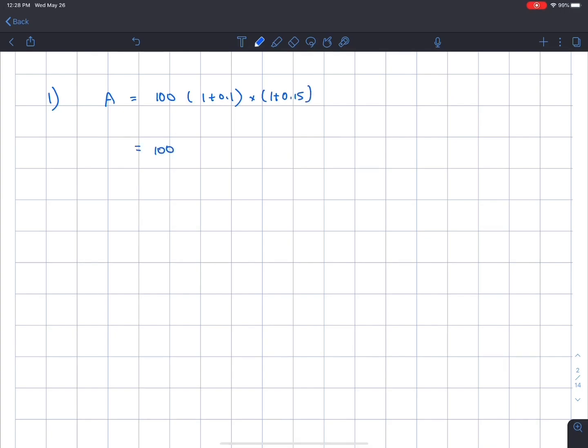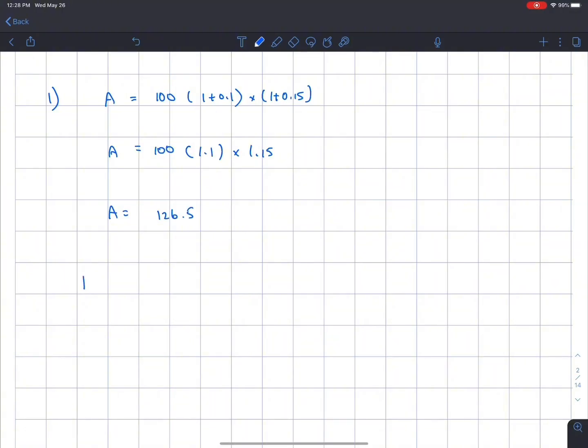So this is 100 times 1.1 times 1.15. And then we can type this into the calculator. So the final amount is 126.5.